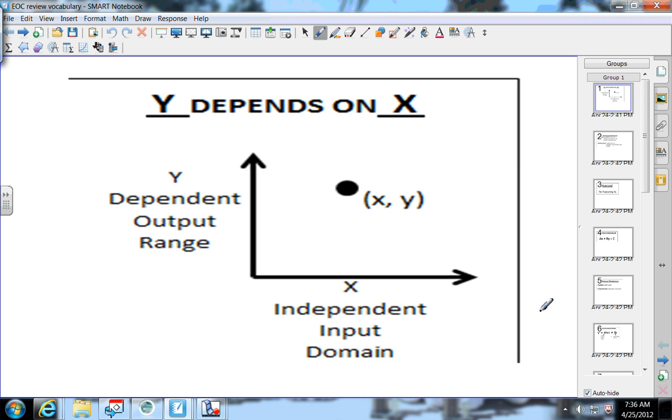Y depends on X. I know there's others on the video. You should be writing this down now. And this ordered pair right here, it goes X, Y. X is the horizontal axis. It is independent. It's also known as the input and the domain.